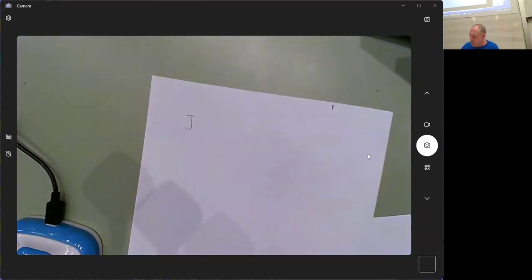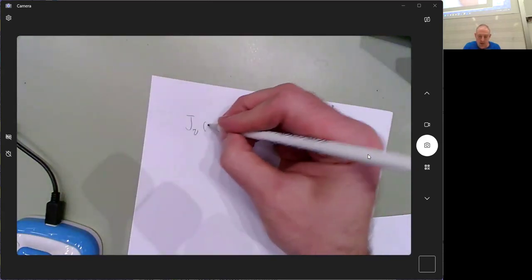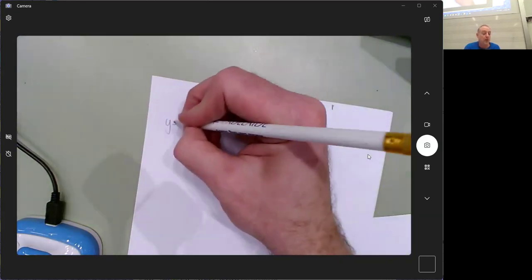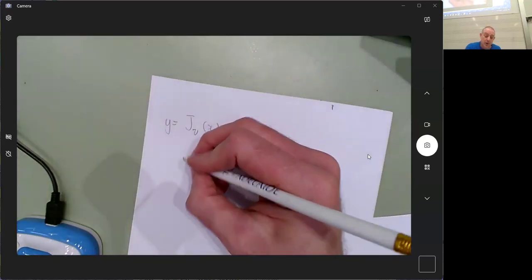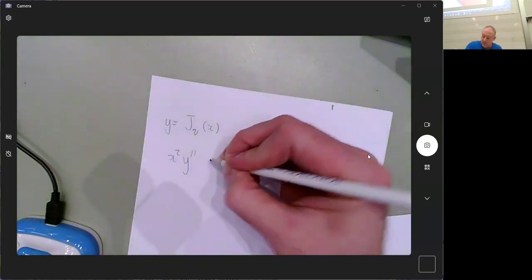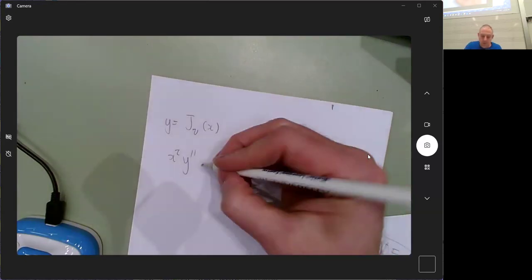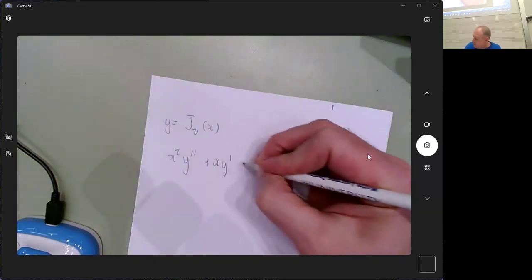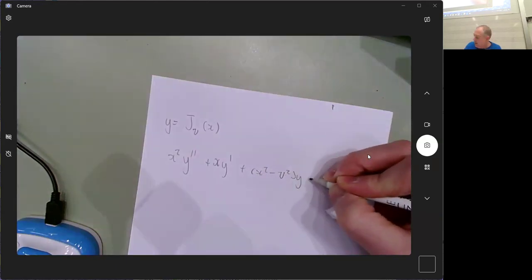So if I wrote down J nu x, if that was what y was, then I would know for certain that x squared y double dash plus x y dash plus (x squared minus nu squared) y is 0.